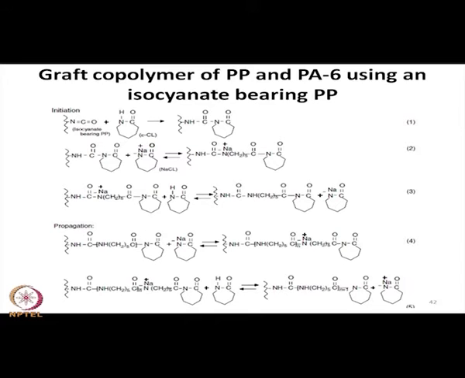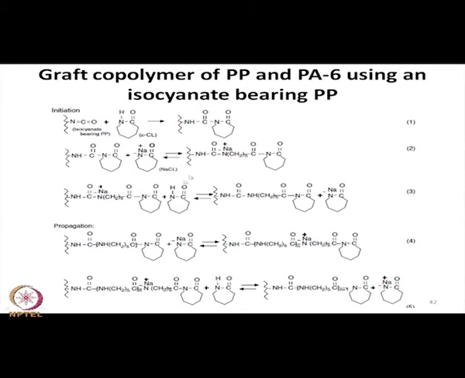That means polypropylene and nylon 6 are basically highly immiscible polymers, but through a grafting reaction during the extrusion process, such a good compatible blend of polypropylene and nylon 6 was developed by this process, and here it shows the detailed reaction scheme of how this nylon 6 is reacted onto this polypropylene. This is a kind of reactive blending. In other words, we can say this is a kind of reactive blending.